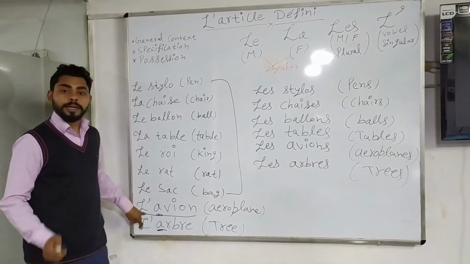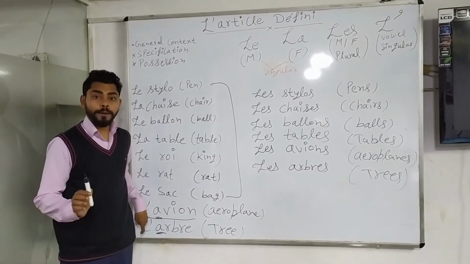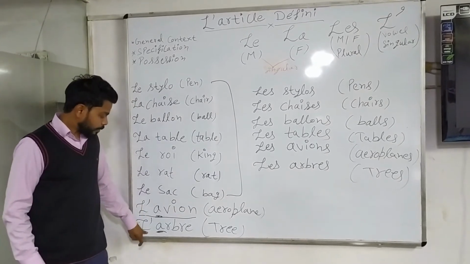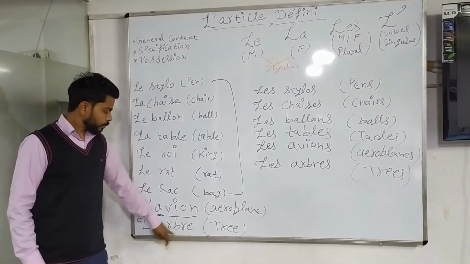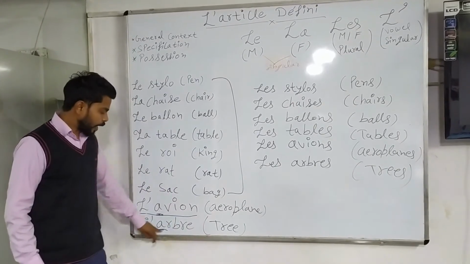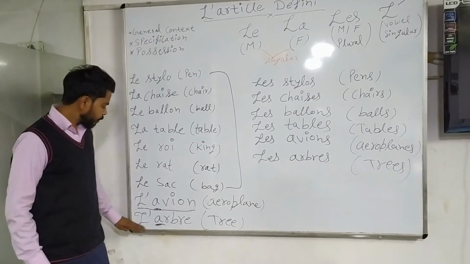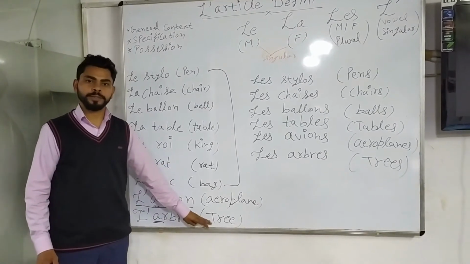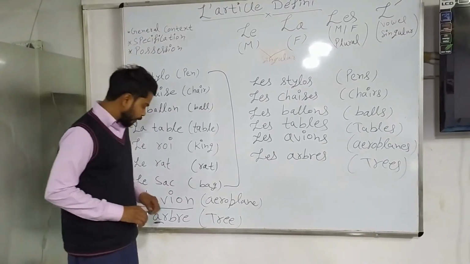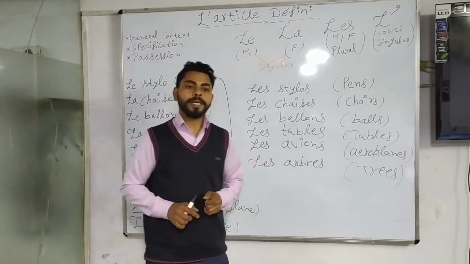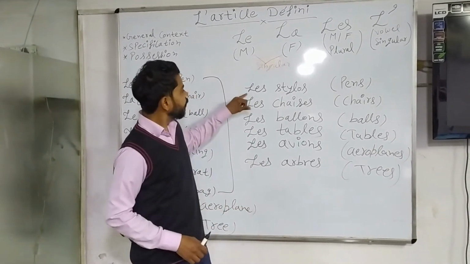No, it is l'avion. Yes, now that's right. And this is l'arbre, which means tree. So this was l'avion, aeroplane, l'arbre, tree. Yes, that's right. Exactly. You pronounced it right this point of time.